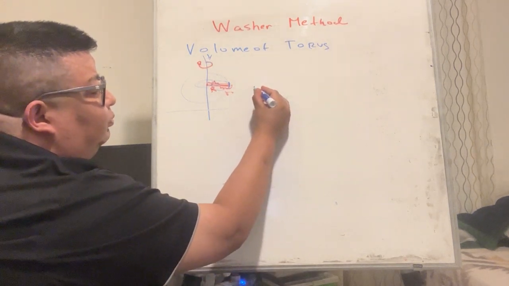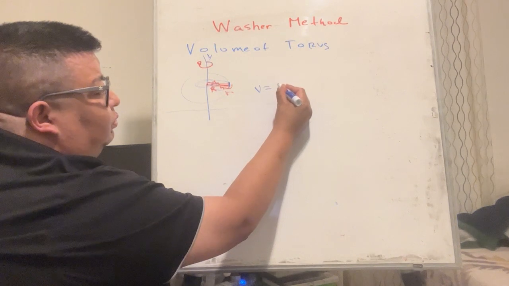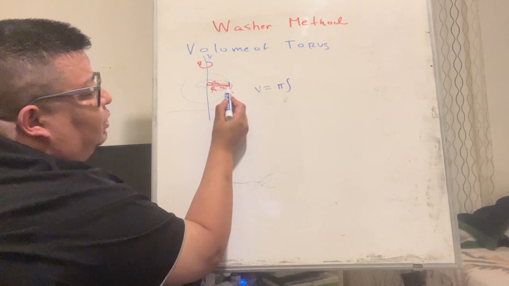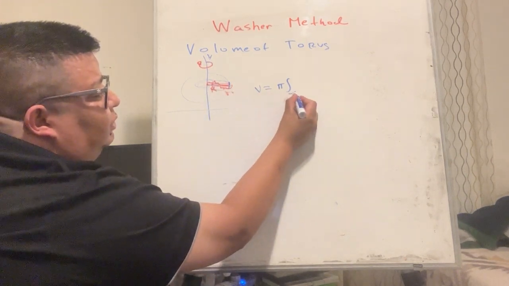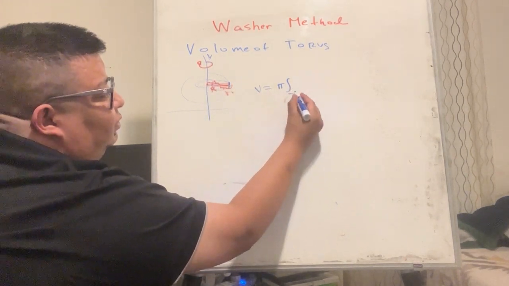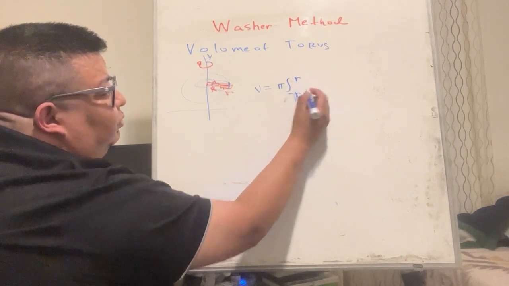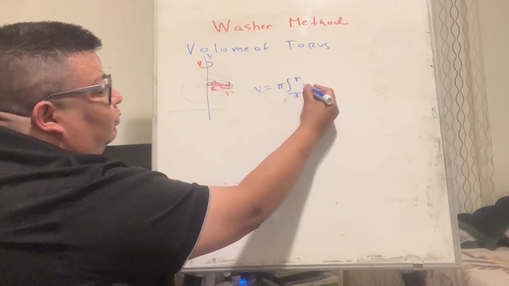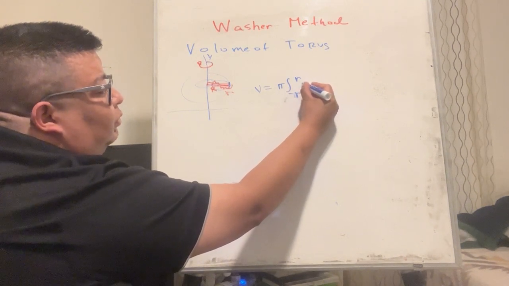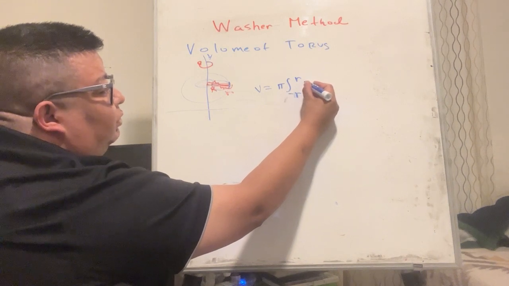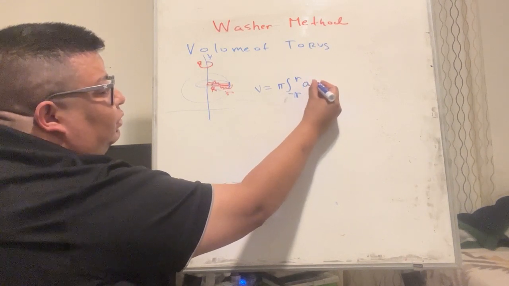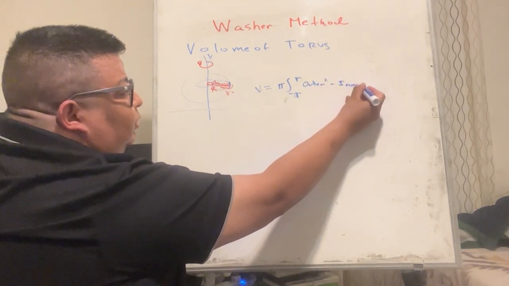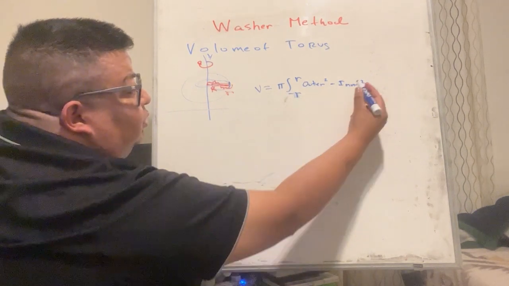So the volume is equal to pi of this torus. Because I'm going from here to here, I can call it negative r to r, of the outer radius squared minus inner radius squared dy.